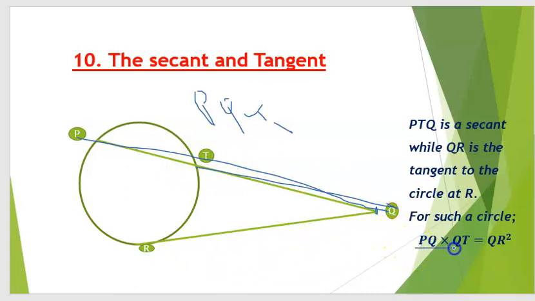So at this point, you can relate this: PQ multiplied by QT should be equal to the tangent squared. That is in the case of a secant and a tangent.